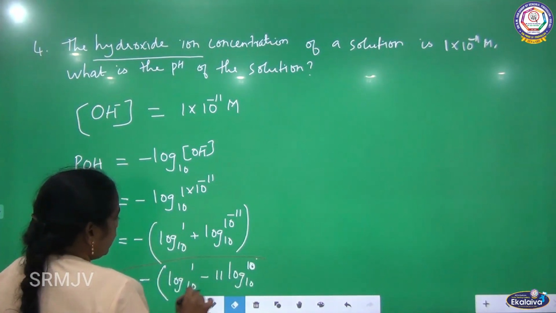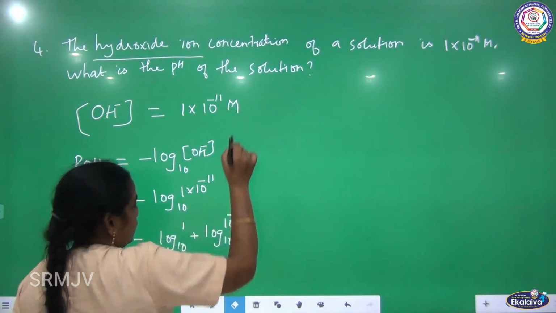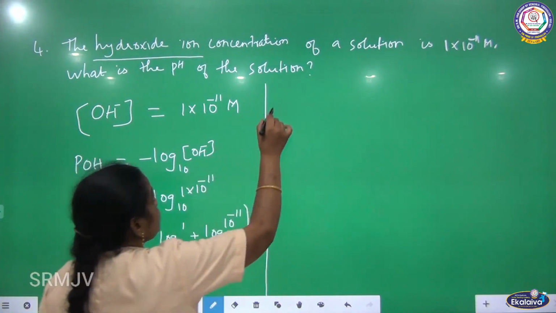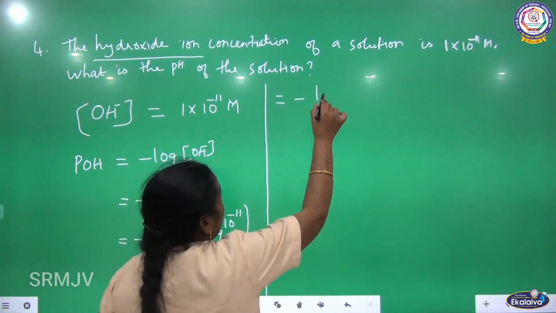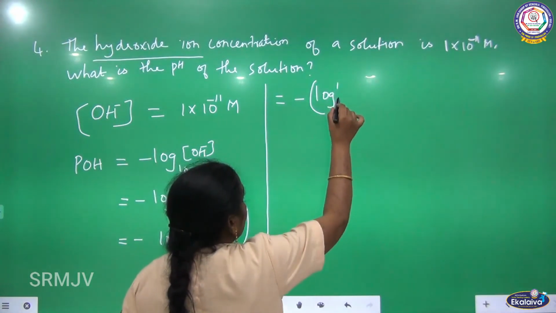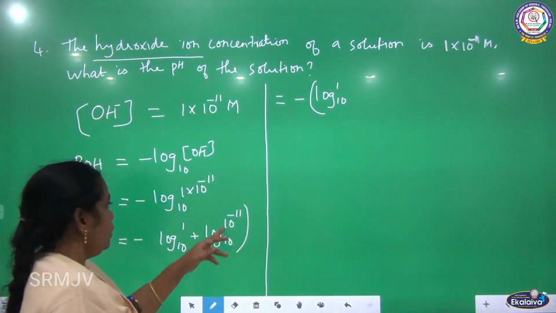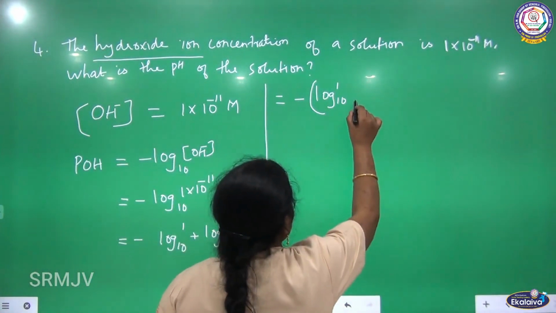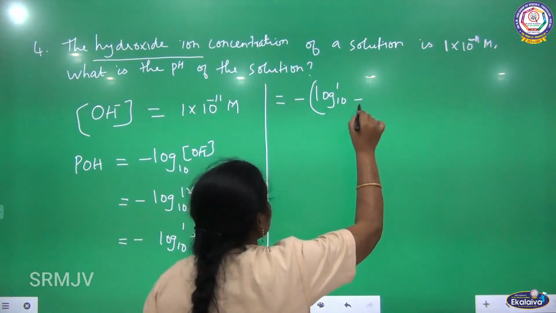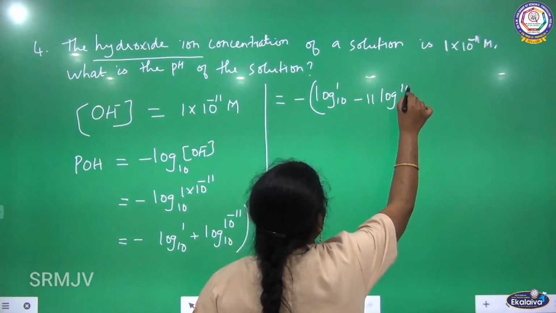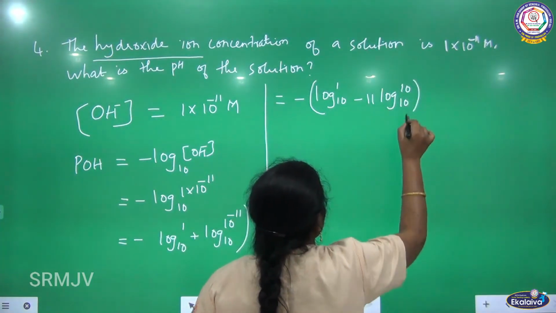I'll write these steps here. Negative sign you can take outside, log 1 plus minus 11 into log 10 to the base 10.